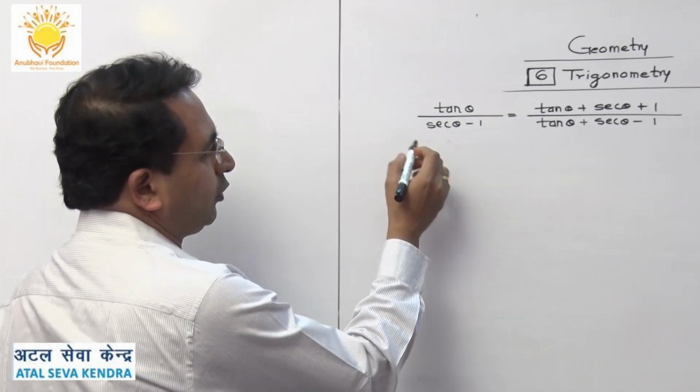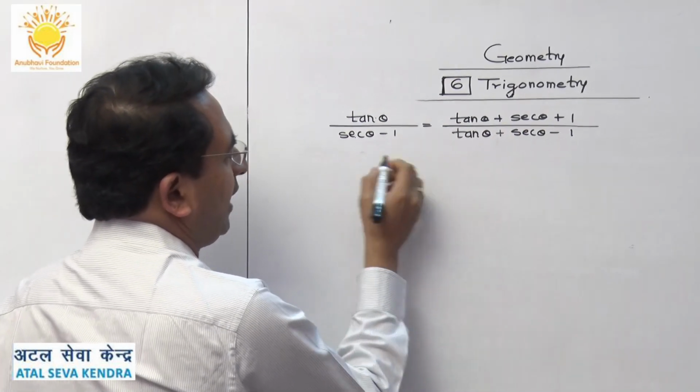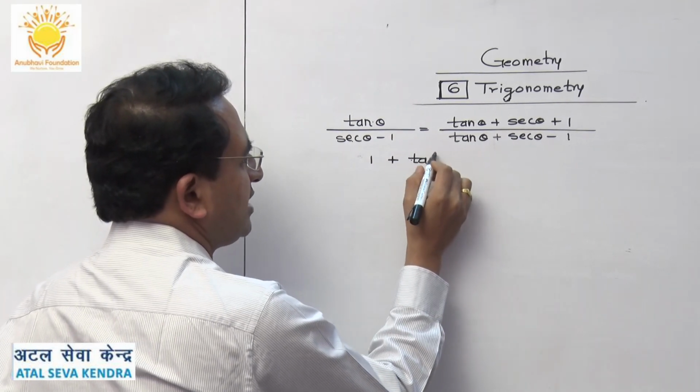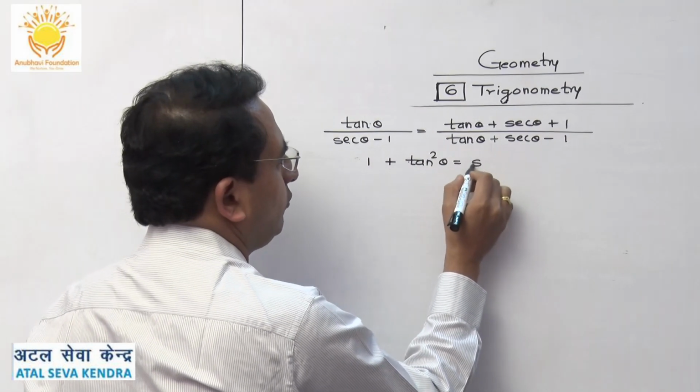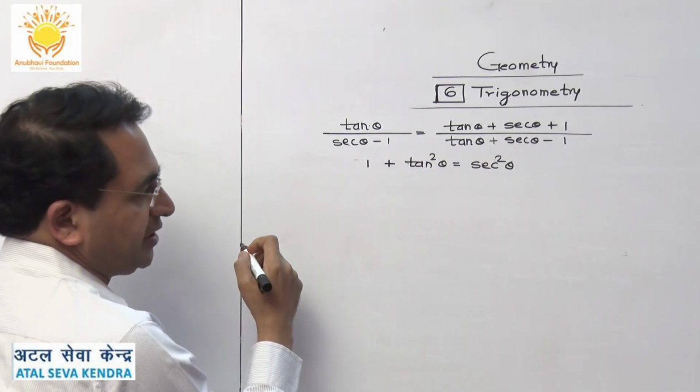Now see what we have to do here. This tan theta, sec theta, they are related with identity number 2, which is 1 plus tan square theta is equal to sec square theta. Now see how we are going to modify this.